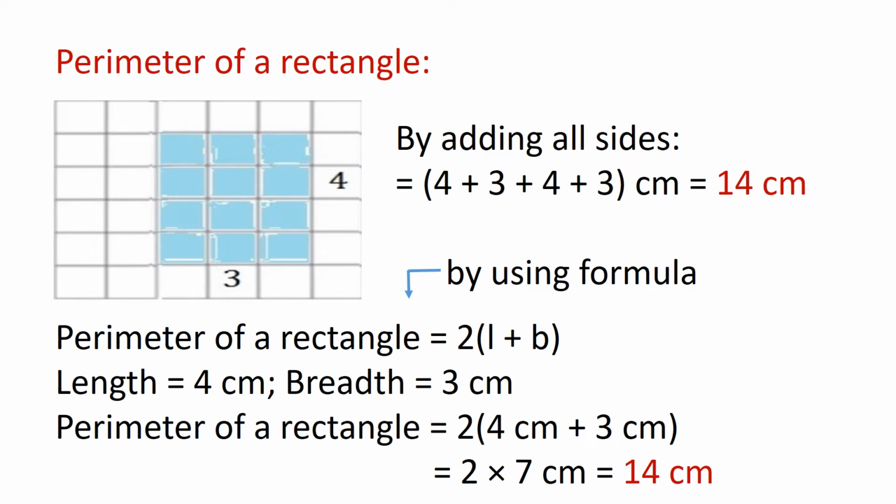Perimeter of a rectangle is equal to 2 into (L plus B). Here the length is 4 centimeter and the breadth is 3 centimeter. Therefore, the perimeter is equal to 2 into (4 centimeter plus 3 centimeter), that is 2 into 7 centimeter, which is equal to 14 centimeter.